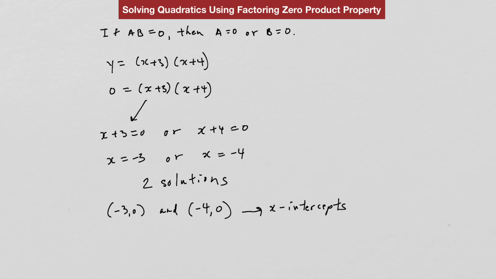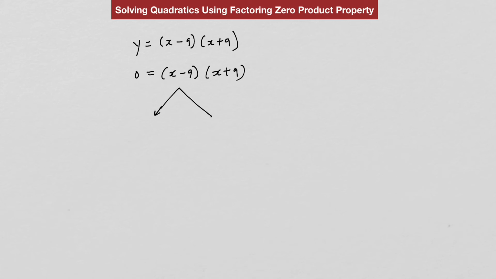Okay? All right, so let's do another example just to make sure that there's clarity here. Let's suppose that the function is y is equal to (x minus 9) times (x plus 9). Okay, using the zero product property, we're going to set y equal to 0 and rewrite this equation. And then what this gives us is x minus 9 is equal to 0 or x plus 9 is equal to 0.